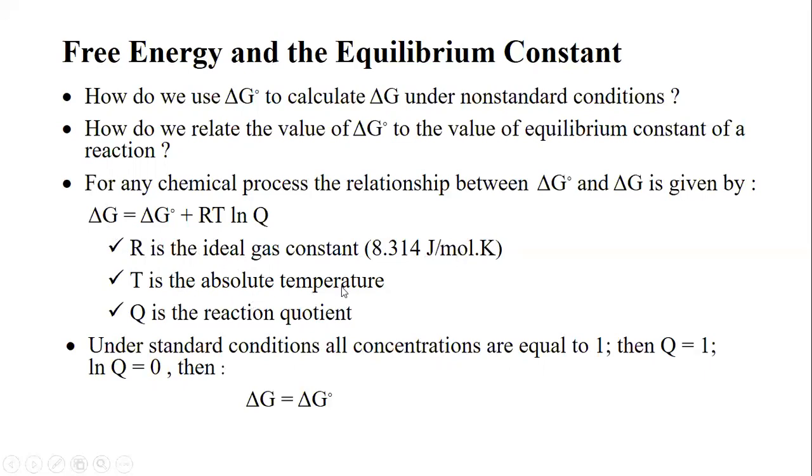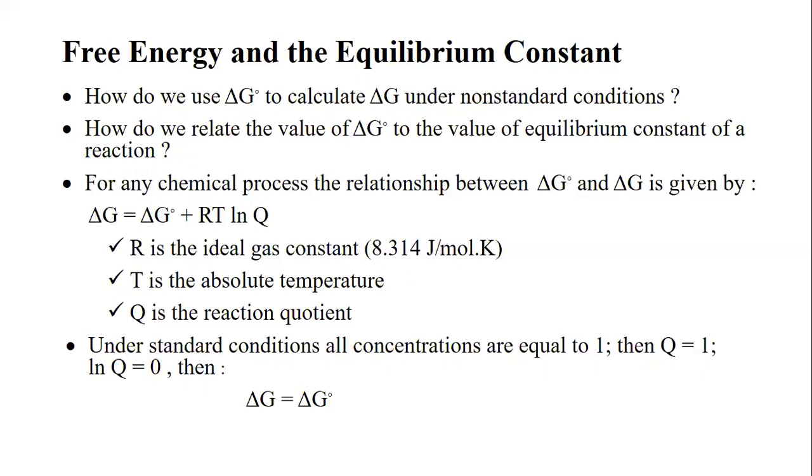T is the absolute temperature, in Kelvin. Q is the reaction quotient. What's the reaction quotient? Now at equilibrium, when you write K equals, you multiply the activities of the products and divide by the multiplication of the activities of the reactants. Now Q means for any reaction, it doesn't matter if it is at equilibrium or not.